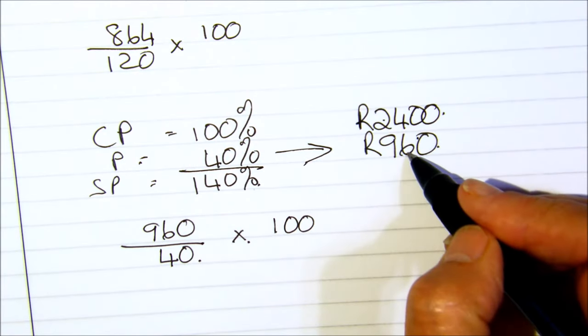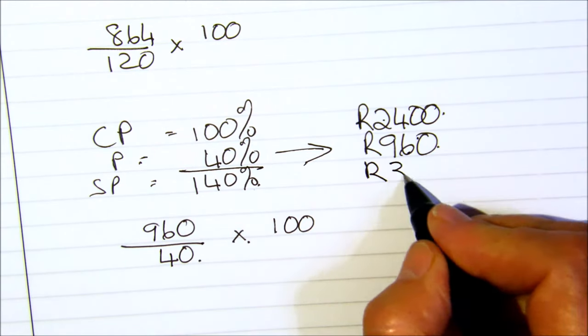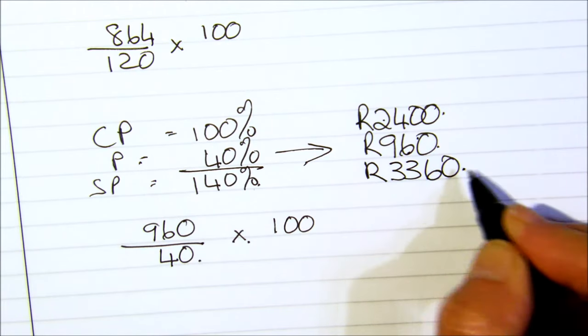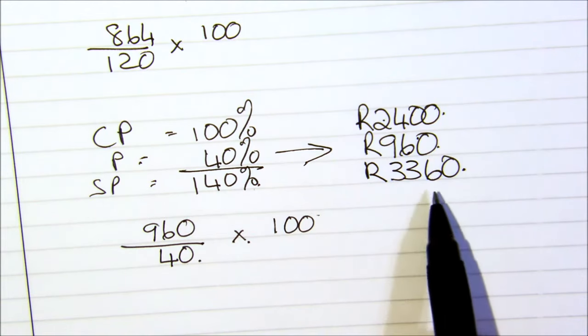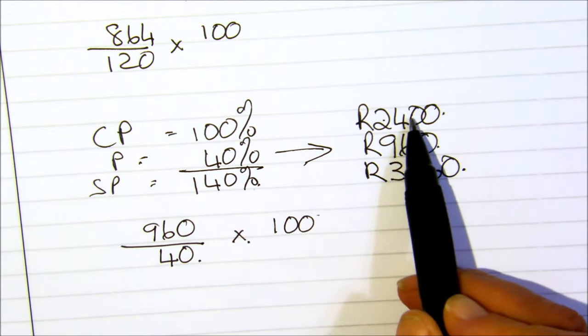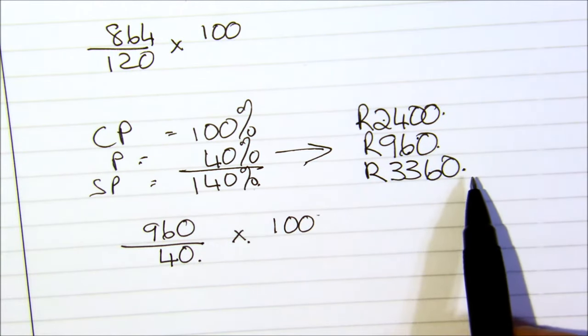And if you add the two up together, you will get your selling price of 3,360. You could have multiplied here by 140, and then you would have calculated the selling price, and you could have then subtracted to get the cost price, because the cost price must always be lower than the selling price if you're making a profit.